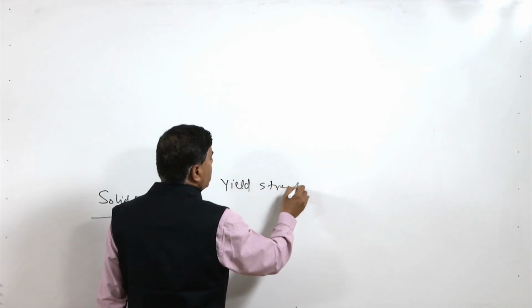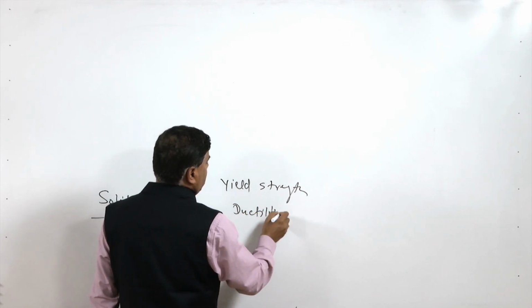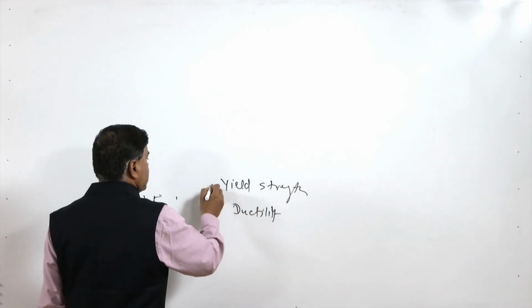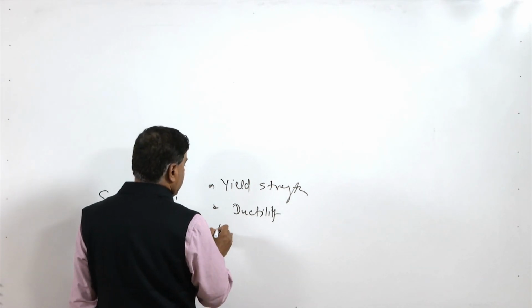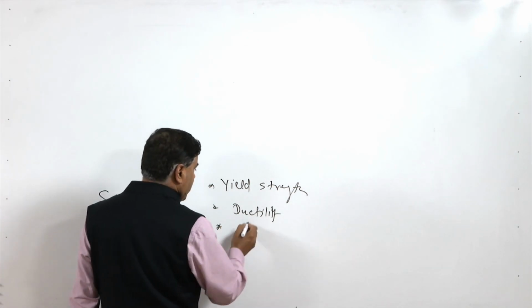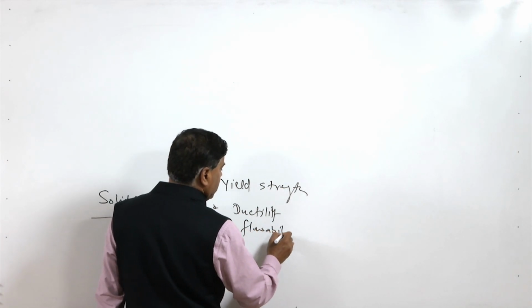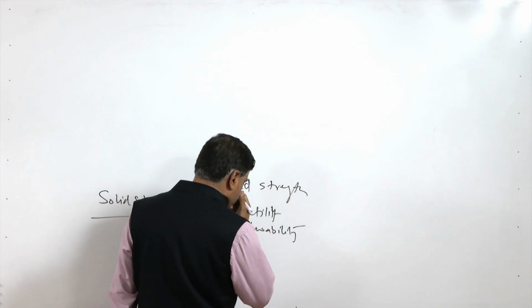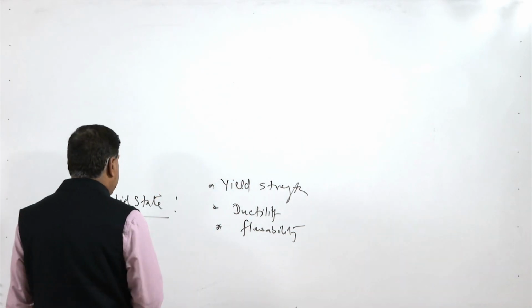So, yield strength and ductility are the two things that are important. At the same time, for the solid state welding process, the flowability of the material also affects the success of the process.